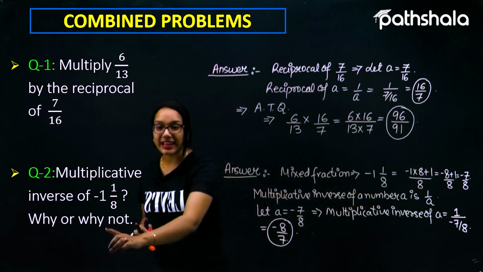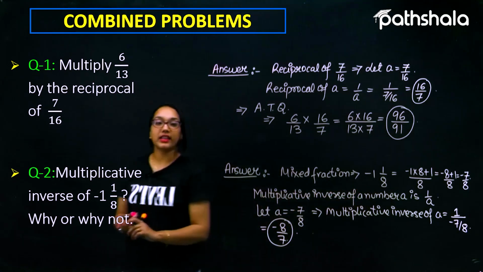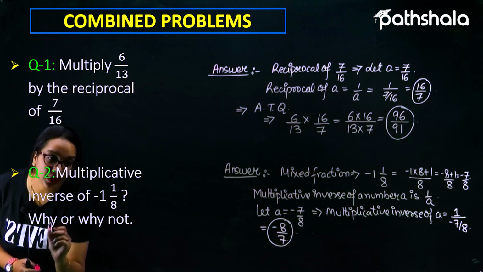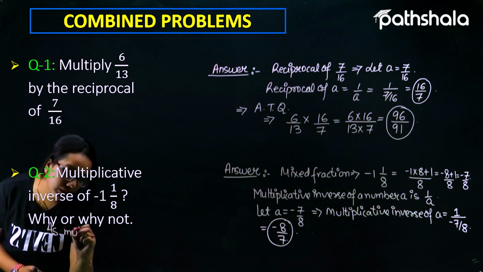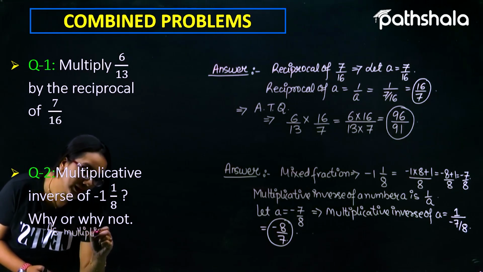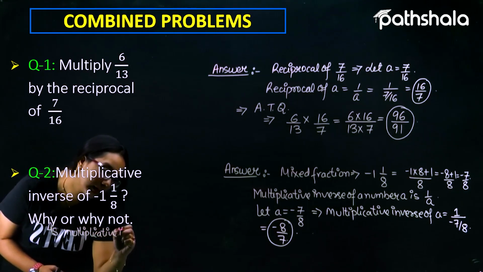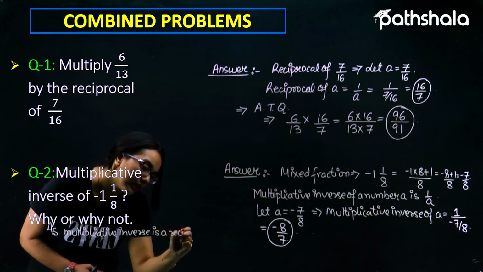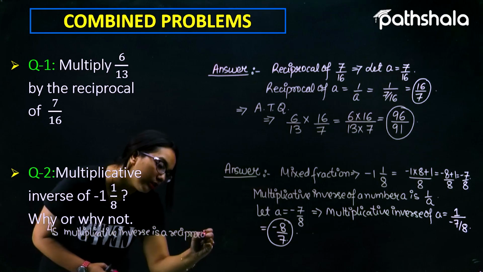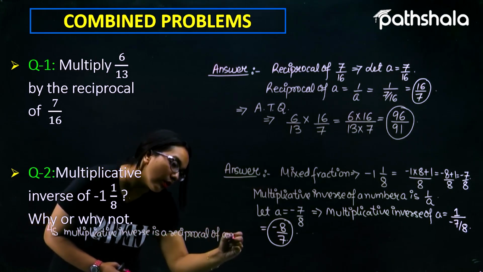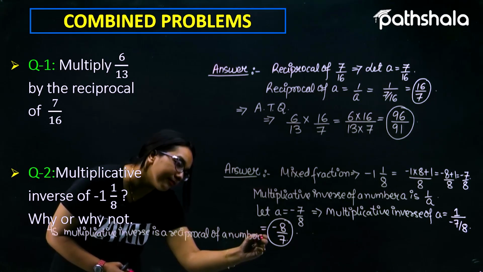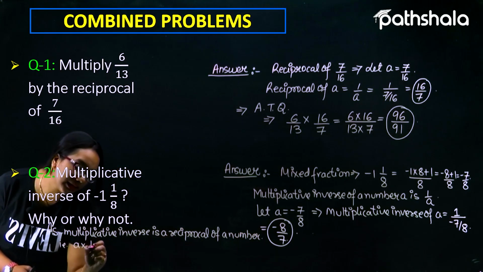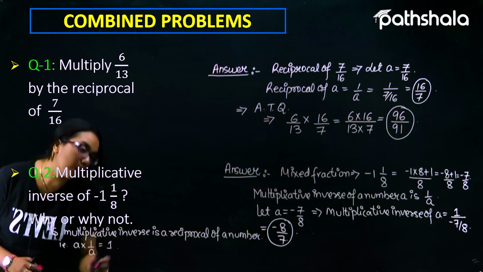For the second question, we will write the answer as follows. The multiplicative inverse is the reciprocal of a number, that is, whenever A is multiplied with its reciprocal, the answer is always 1.